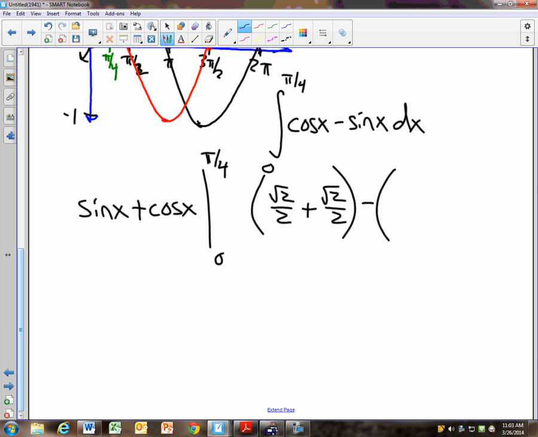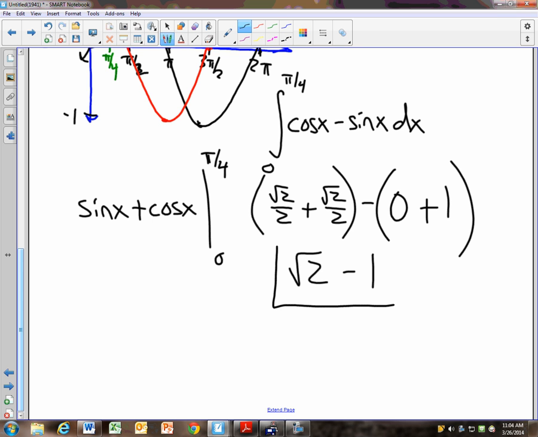No. Sine of 0 is 0, plus cosine of 0 is 1. Root of 2 over 2 plus root of 2 over 2 is 2 roots of 2 over 2, which is root of 2, minus 1. Exact area, root of 2 minus 1. Done and done.